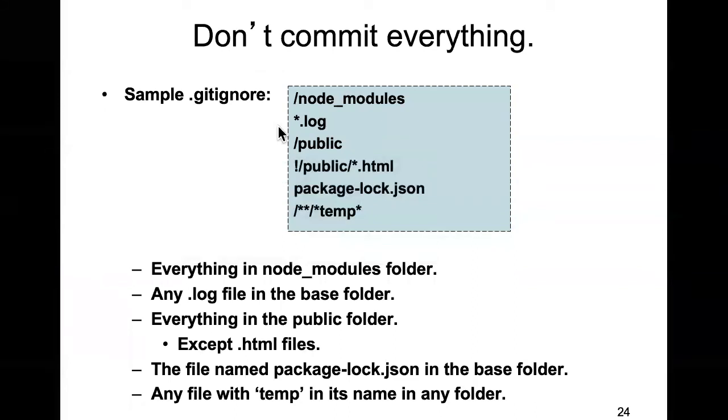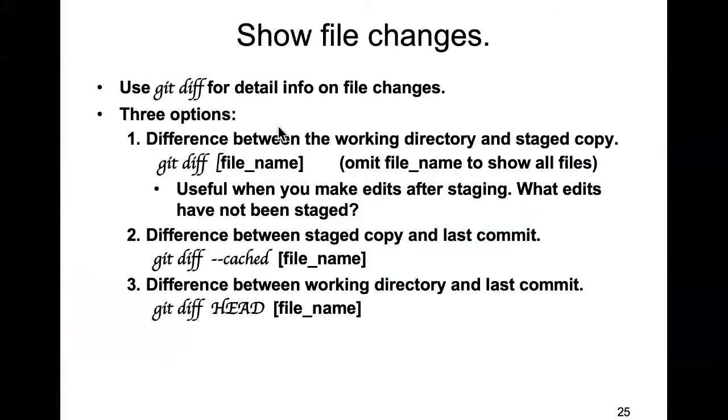So that's gitignore. Something that you'll want to do every now and again is find out what's the difference between the status of a particular file in my working directory versus its most recent commit in the repository, or what's the difference between a file in my working directory at the moment and what I've staged recently.